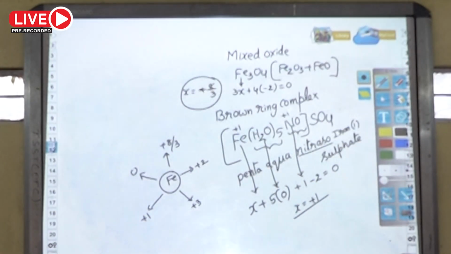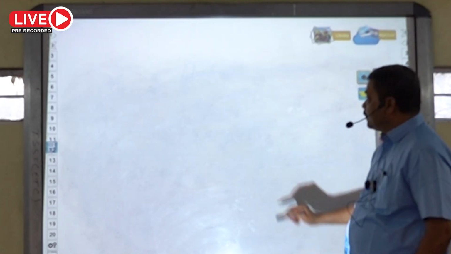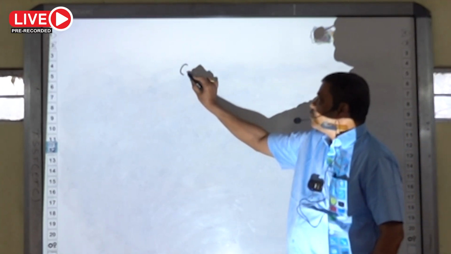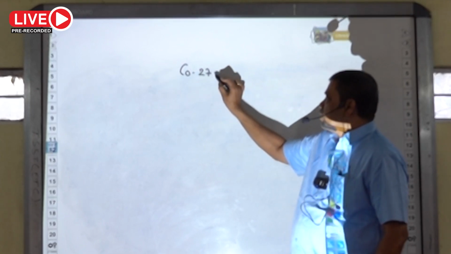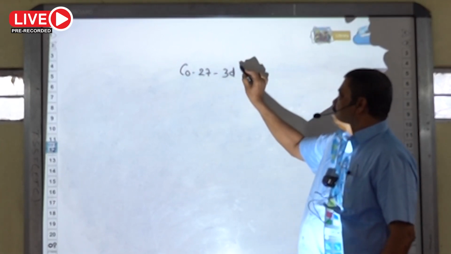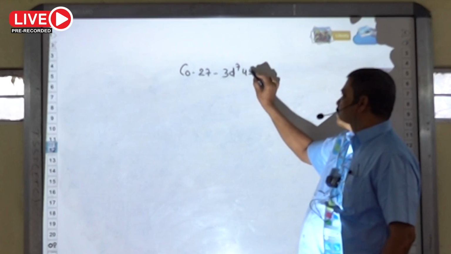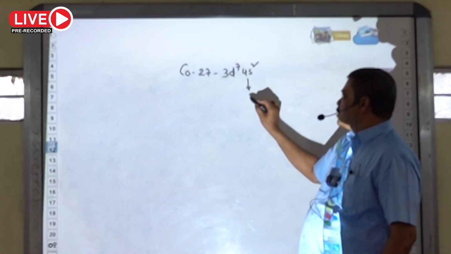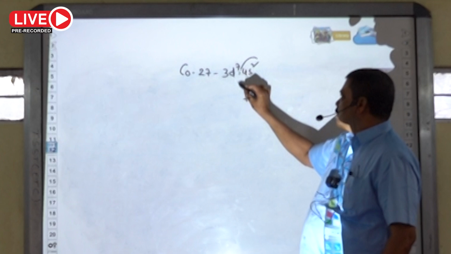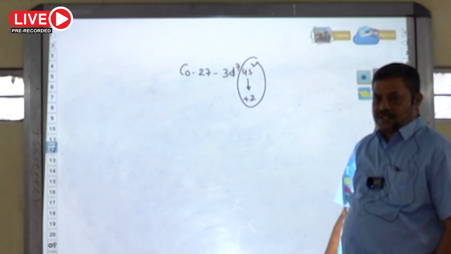Now if you look at after iron, cobalt (27), 3d7 4s2. It shows +2 if 2 s electrons are involved.